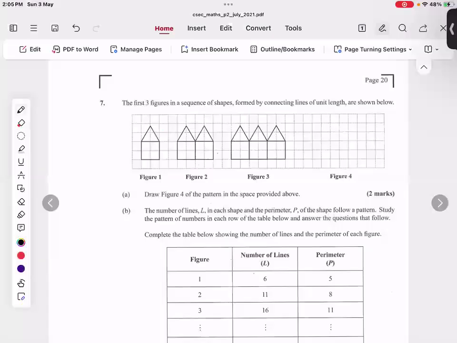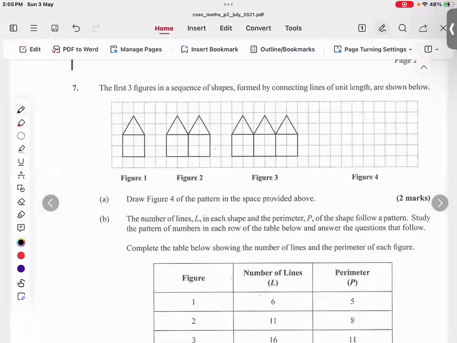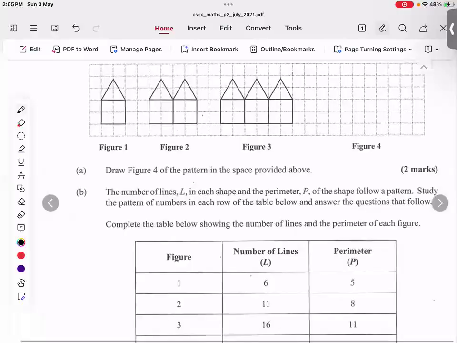The first 3 figures in a sequence of shapes formed by connecting lines of unit lengths are shown below. So this is very straightforward. You have a house, and you have 2 houses joined together, and 3 houses joined together, right? It says draw figure 4 of the pattern.